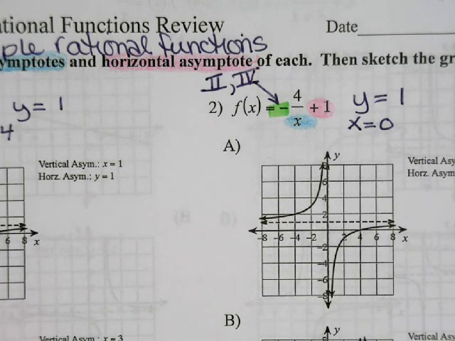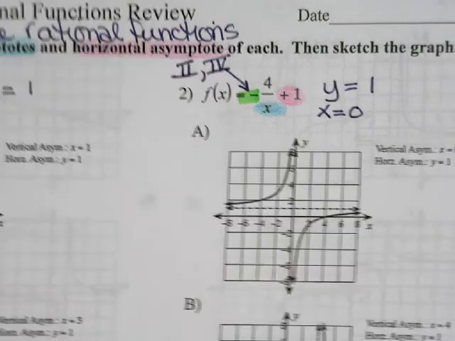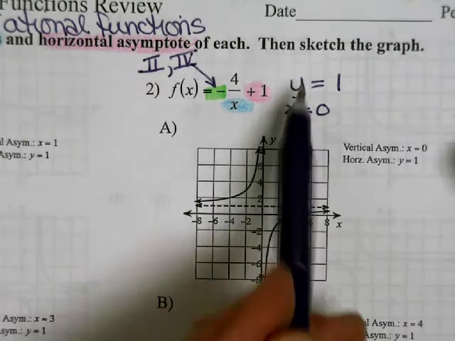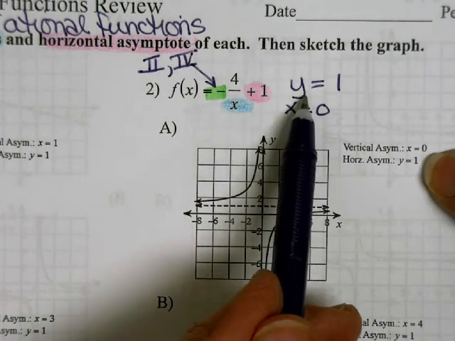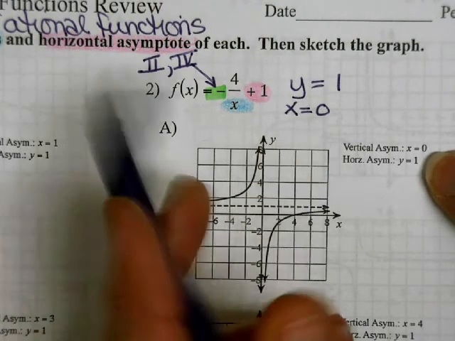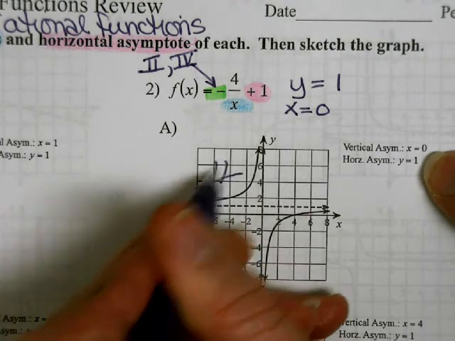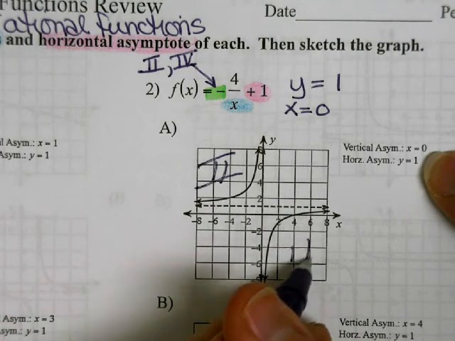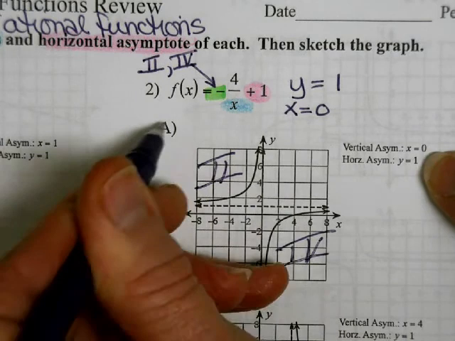And it looks like A is it. It's got x equals 0, y equals 0, and living in regions 2 and 4. So you didn't have to look very far.